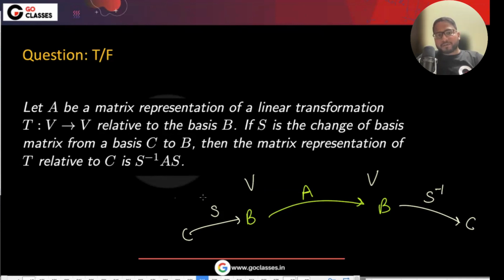Then the matrix representation of T relative to C, what should it be?